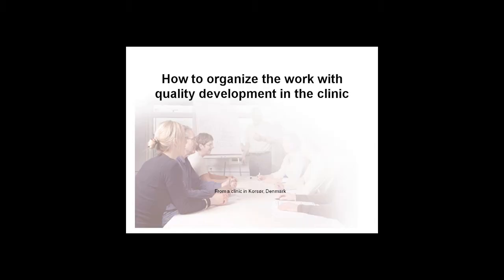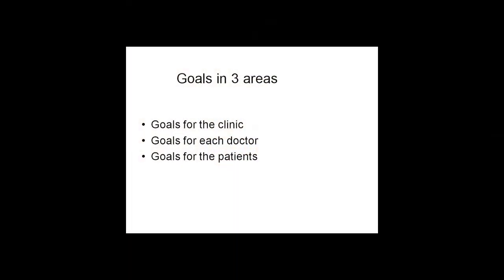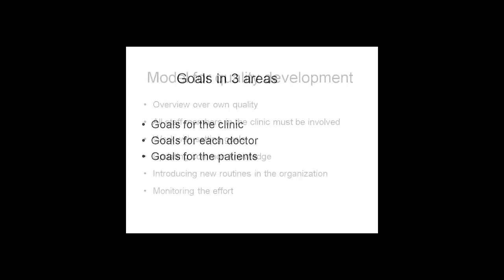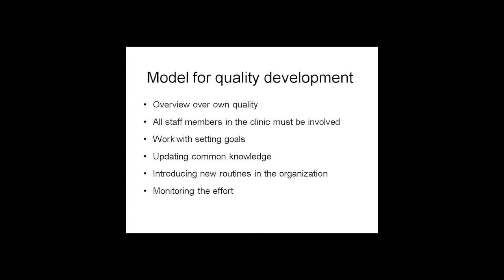It's from the practice in Denmark, how they work with the quality reports. They set goals in 3 areas, and it's important that all 3 areas are included: goals for the clinic, goals for each doctor, and goals for the patient. You should have an overview over your own quality, as you have in the diabetes report.